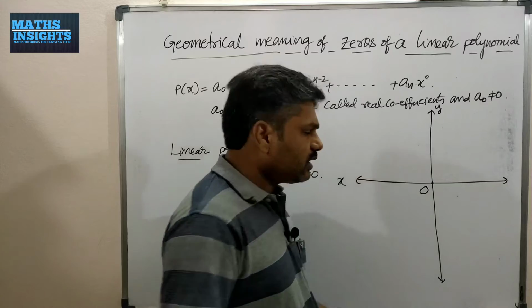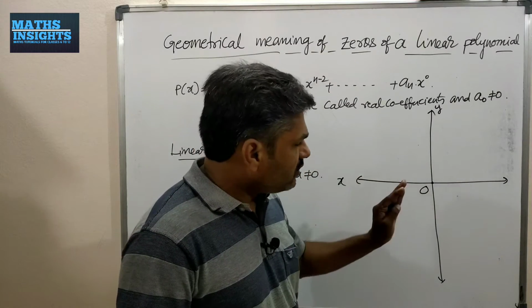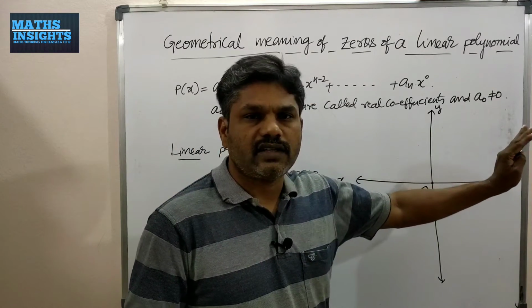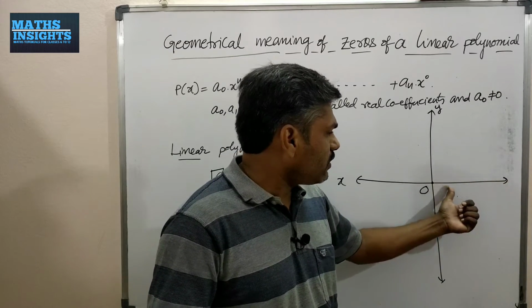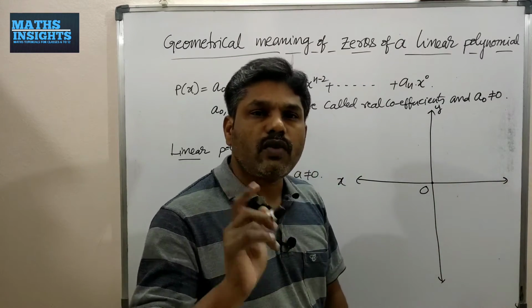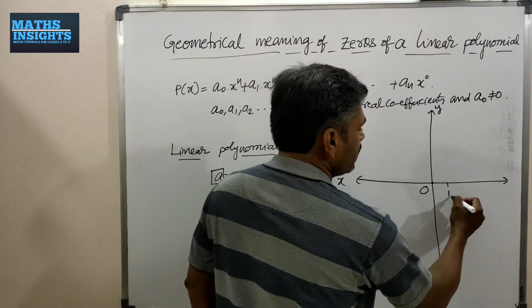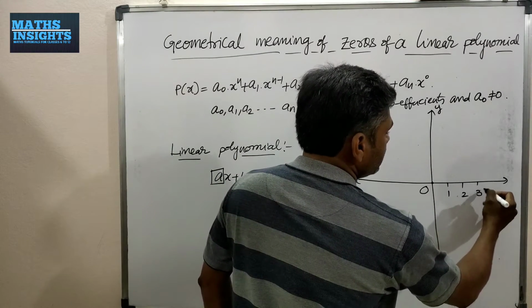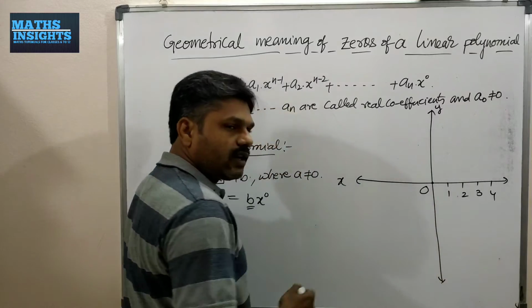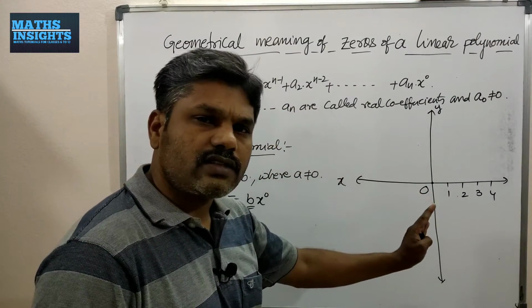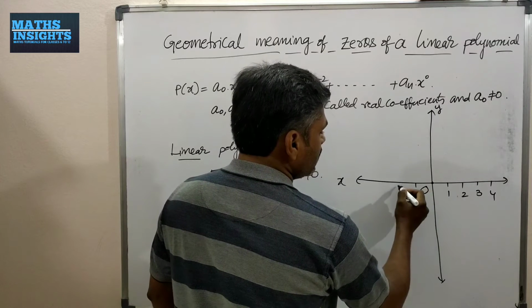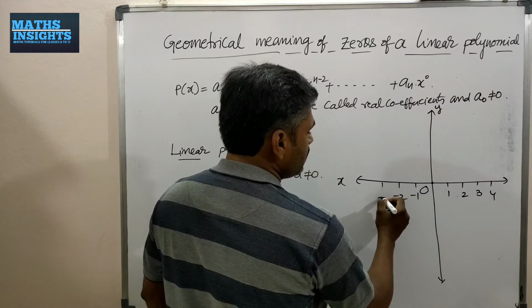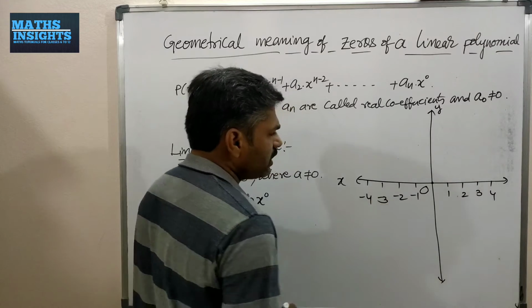The part of x-axis which is right side is called positive x-axis. That means here on this number line you have only positive numbers like 1, 2, 3, 4. Here on the left side of y-axis you have negative x-axis. That means this is -1, this is -2, this is -3 and this is -4.